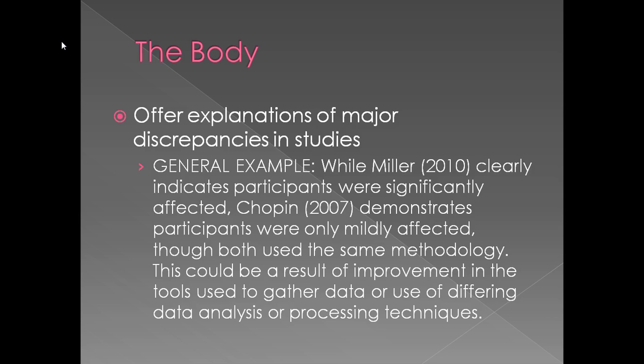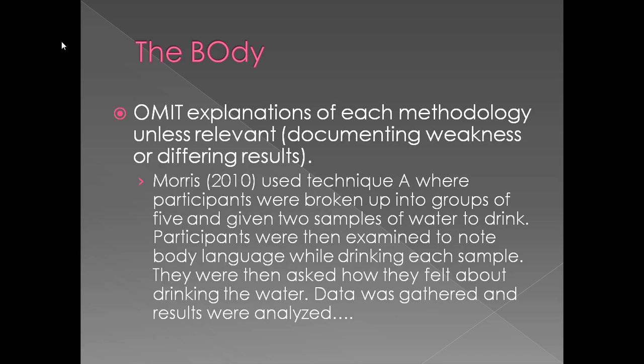So I've laid out that, while the same methodology was used, these two sources came up with differing results. Why do I think that is? I provided my own suggestion based on my analysis. So you can use it to offer explanations of discrepancies.